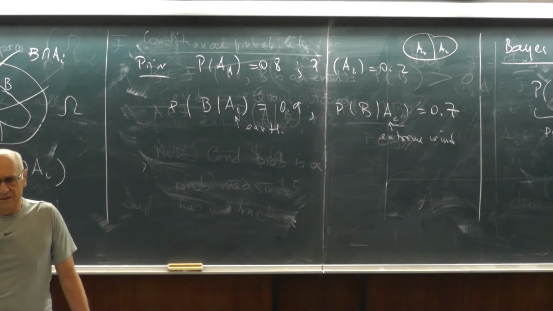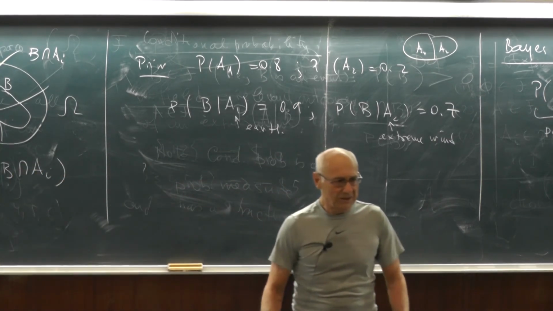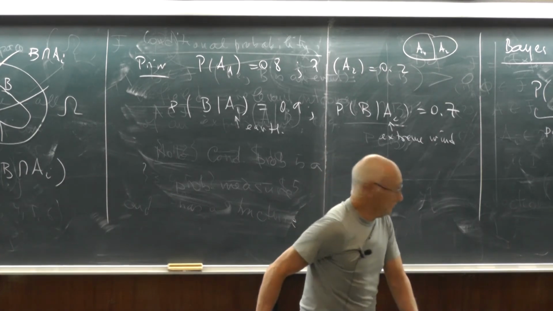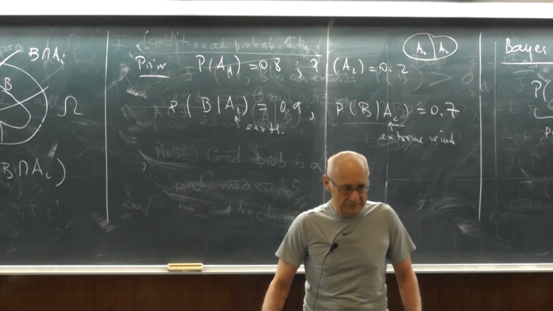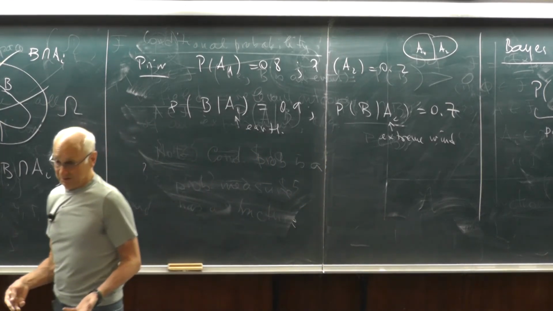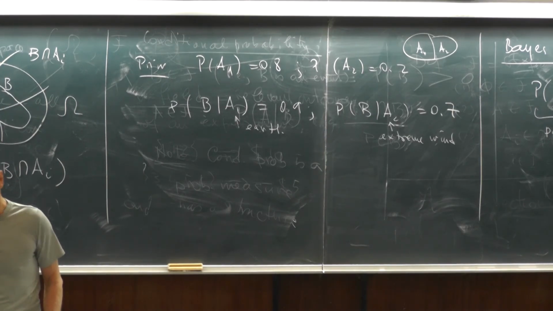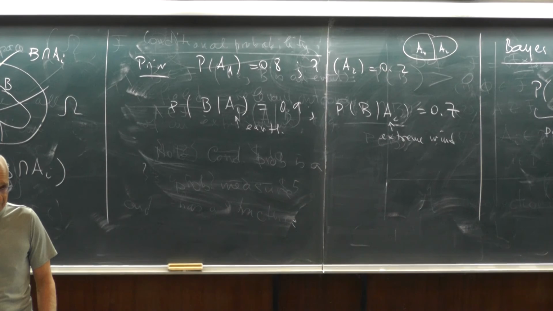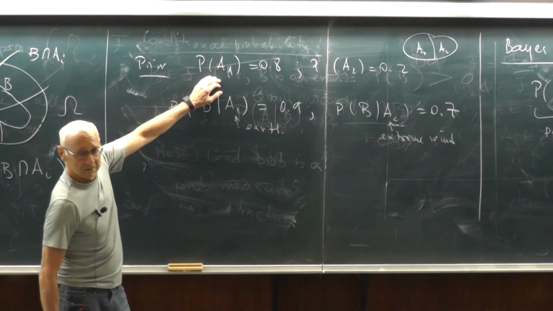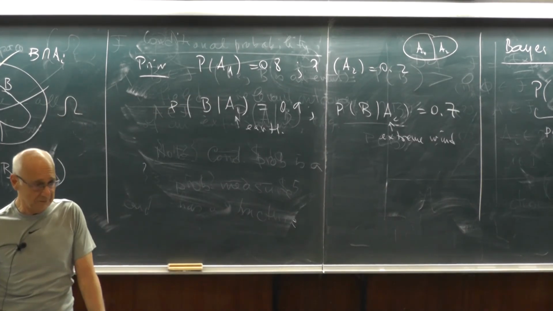So our sample space consists of two options, two environmental extreme events, earthquake and wind. And of course we are interested in two things: the global reliability of the system B, irrespective of whether it's earthquake or wind, and also we want to update our initial assessment of the environmental conditions based on some observation.